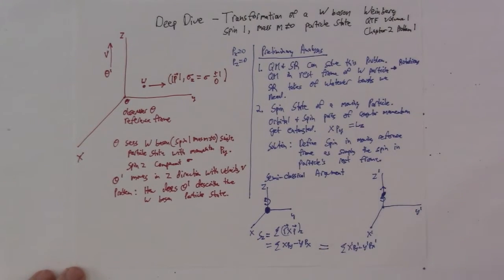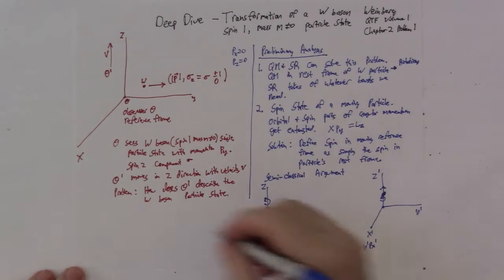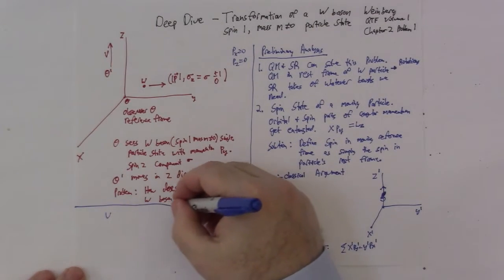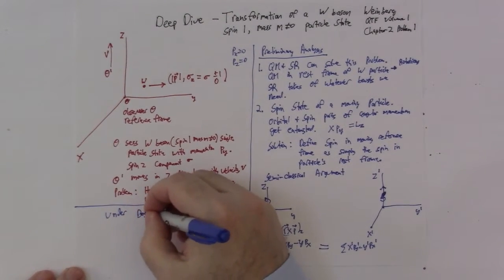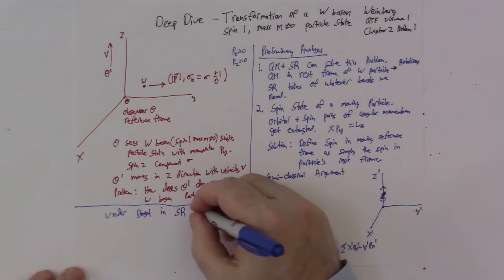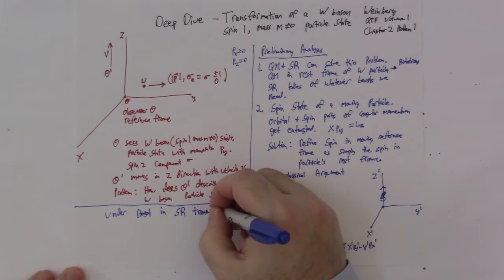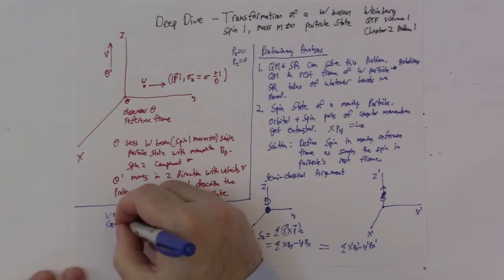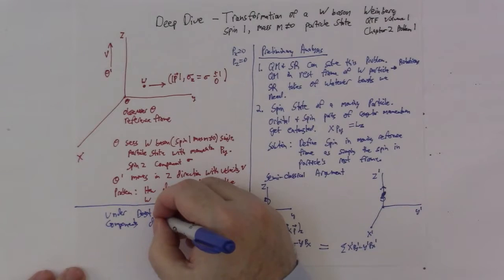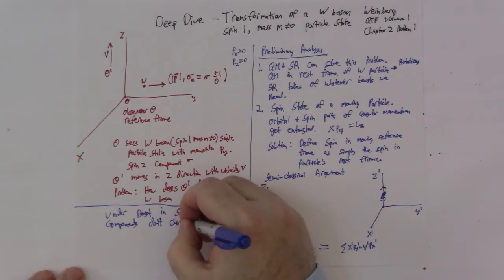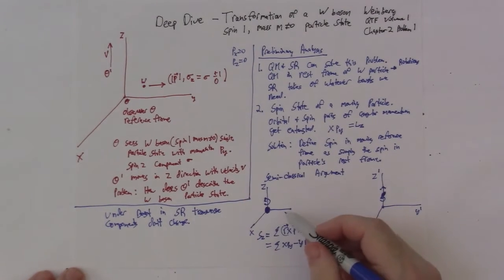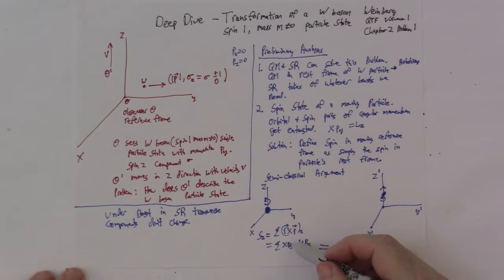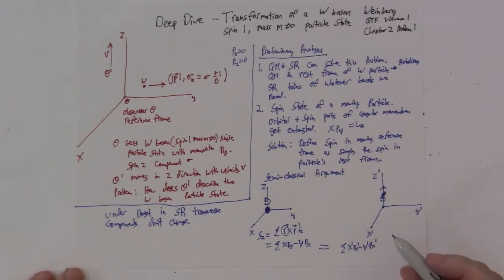But these are the same, because under a boost in special relativity, transverse components don't change. So x and y are transverse. We're boosting in the z direction. x and y don't change, and momentum is also a 4-vector. Py and px don't change. Pz changes and z changes, but transverse components don't change.